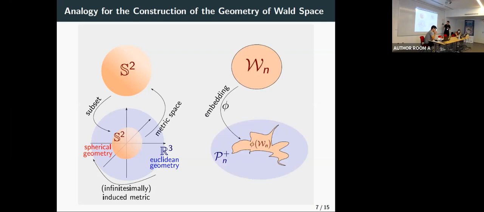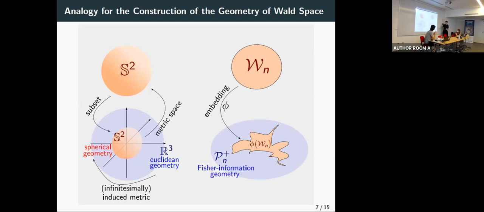And very analogously, we do the same thing with Wald space, basically. So we take the set of forests and embed it via phi into the set of strictly positive definite matrices. And I have scribbled this weird looking set here because up to now we don't know what it looks like. So it's just phi of the Wald space, basically.